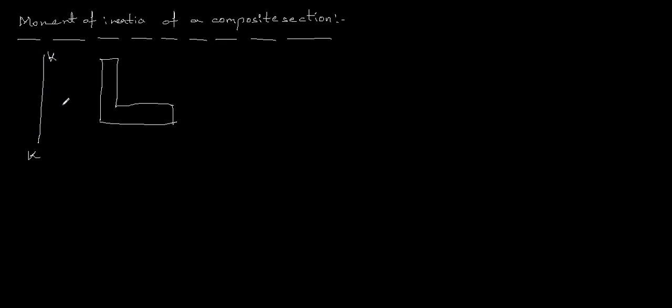Assume this KK vertical axis is at a distance of 100 mm from the L. Similarly, the dimensions for the L are given as: the length of the L is 240 mm, the width of the flange is 40 mm, the remaining height of the L shape is 120 mm, and the width of the web is again 40 mm.